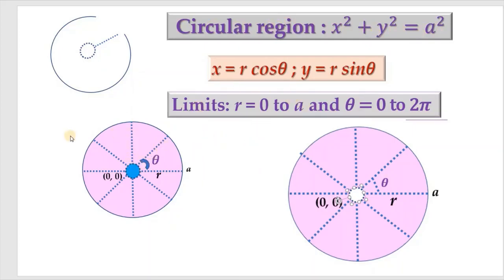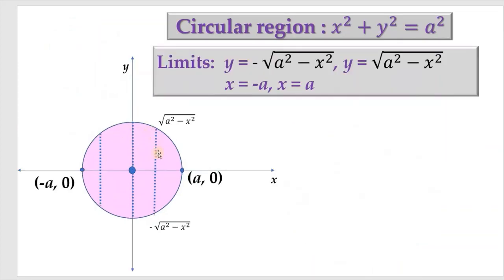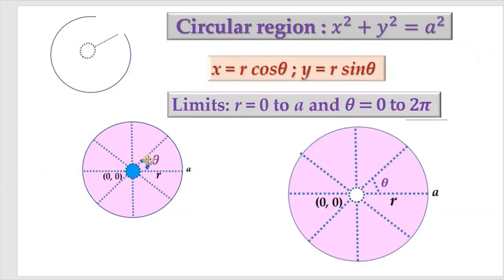So you can draw radial lines. What we did in the Cartesian case was draw lines parallel to either the y-axis or x-axis, whereas in this case we can cover the region by drawing radial lines like this. When it moves, the entire region will be covered.